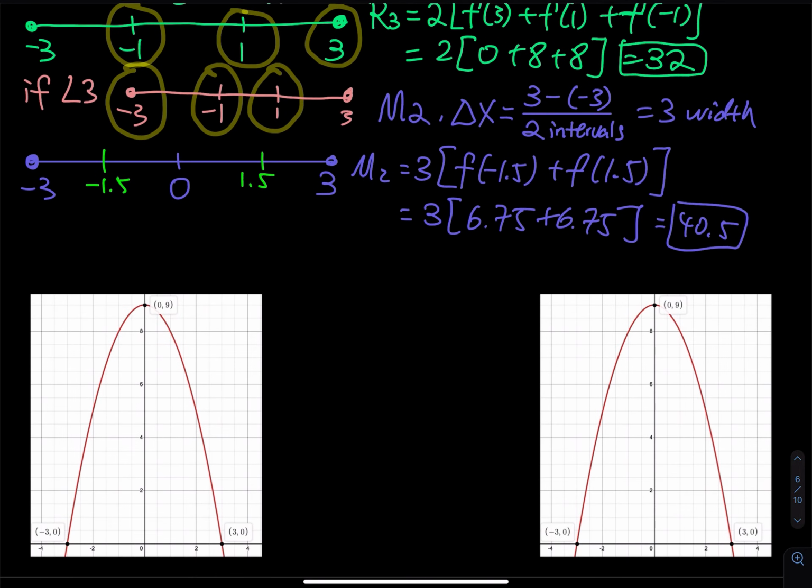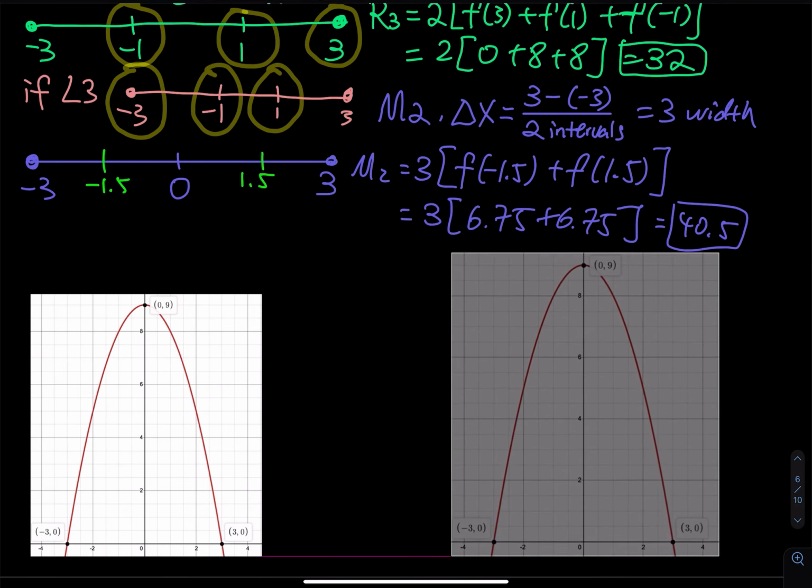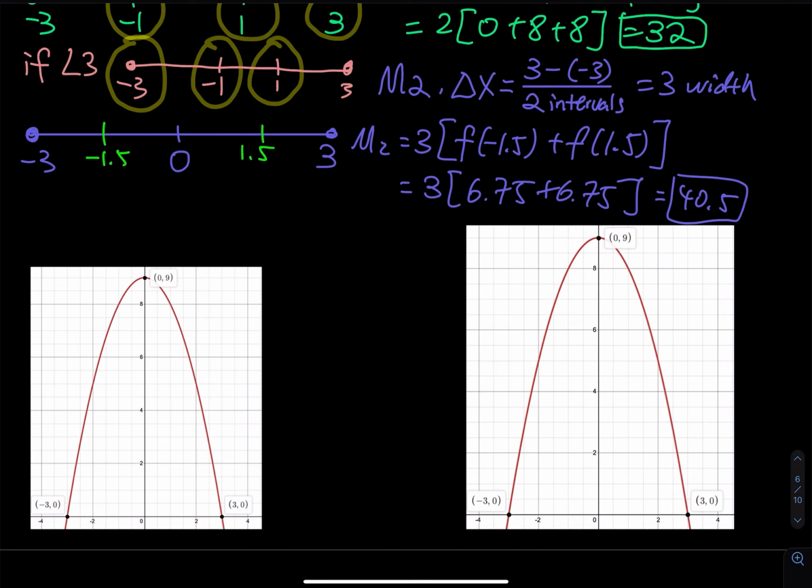So let's start with the midpoint, shall we? The midpoint is -1.5 and positive 1.5. So this is a 1, -1. To be correct, this is a positive 1. Where is 1.5? 1.5 is like right here, right?